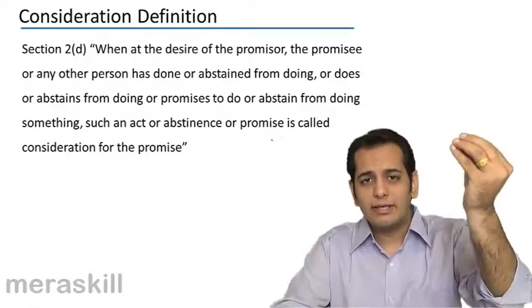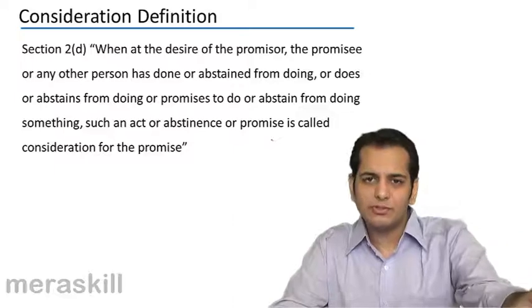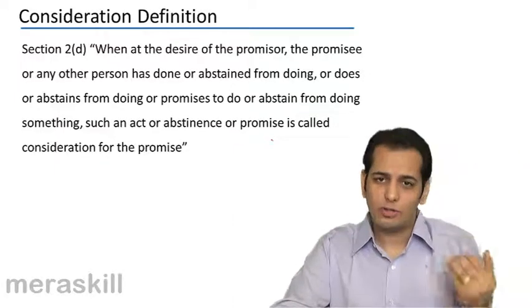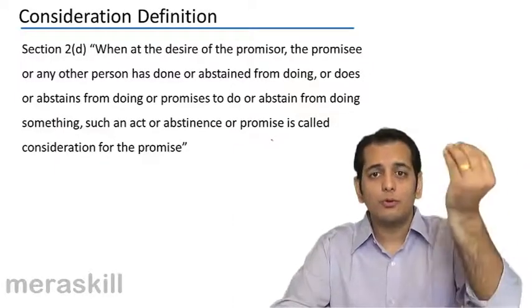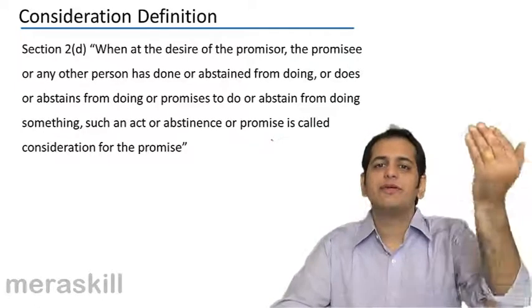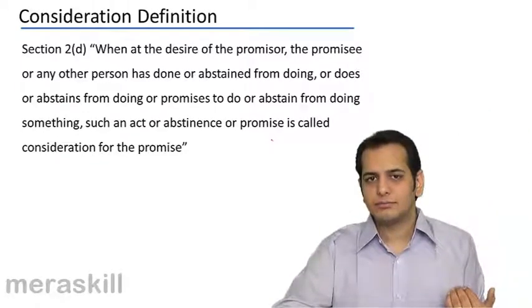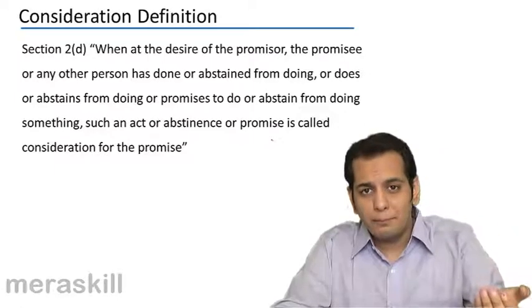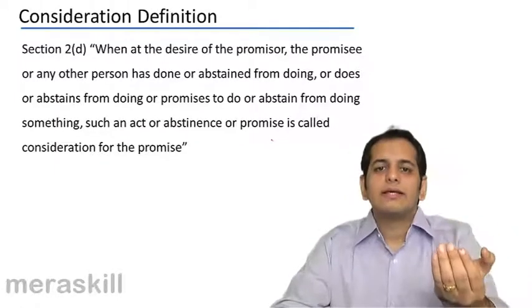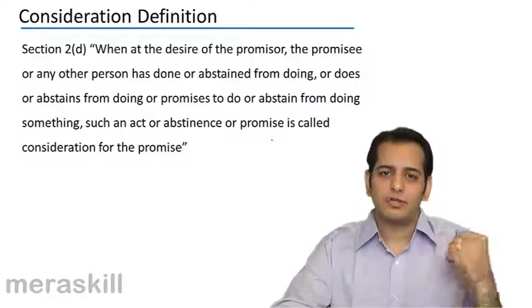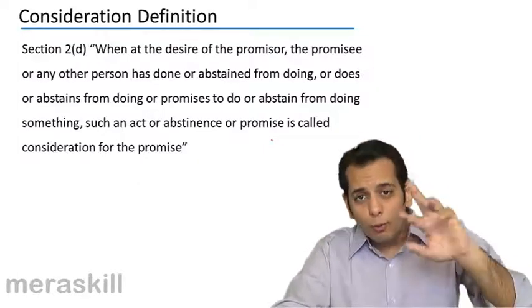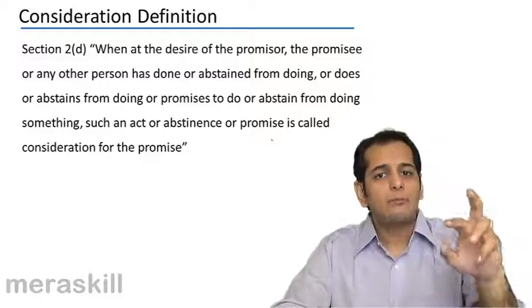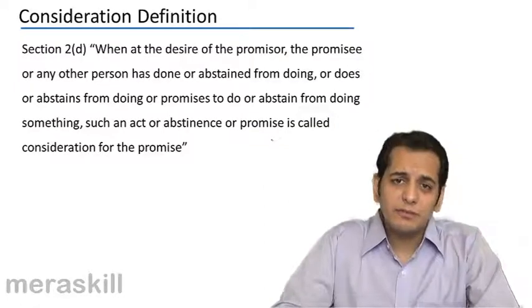When you give 10 rupees to the shopkeeper, he gives you a chocolate. So you pay him 10 rupees and you get a chocolate in return. At the same time, the shopkeeper gets 10 rupees and gives a chocolate in return. So both of the parties get something and both of the parties give something.